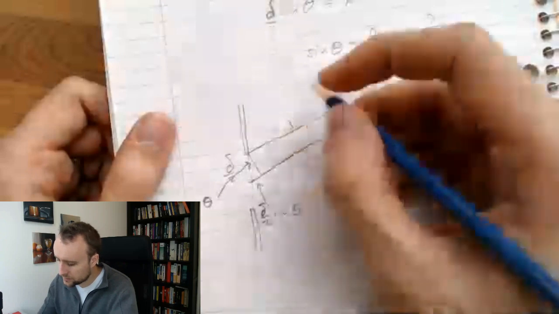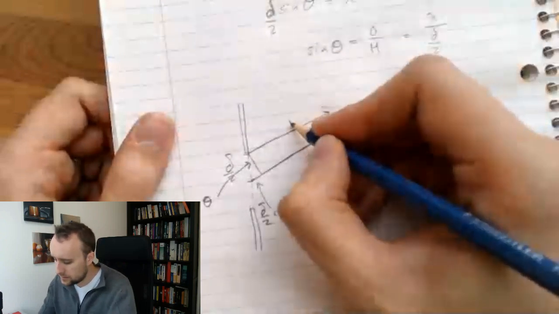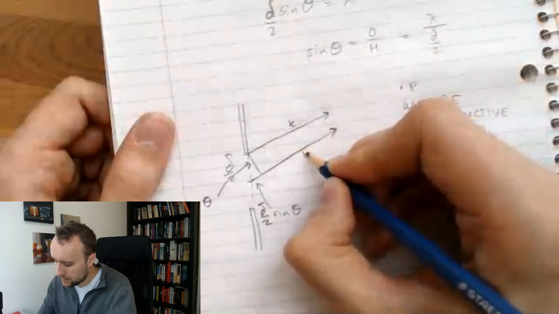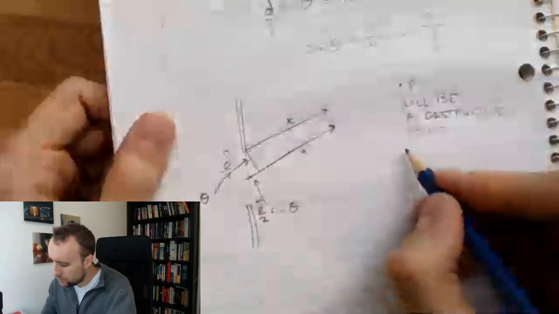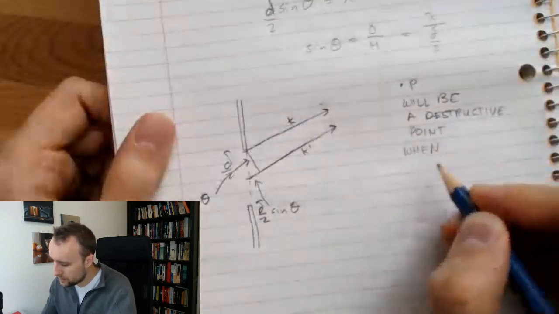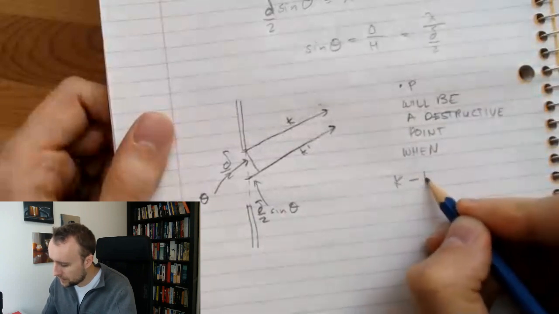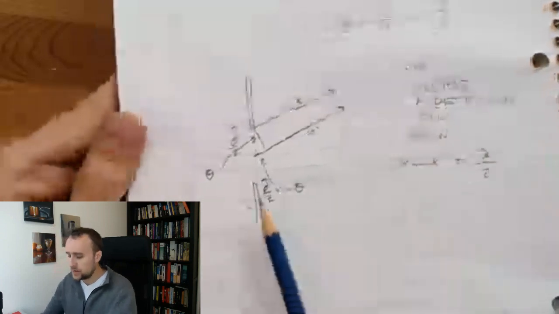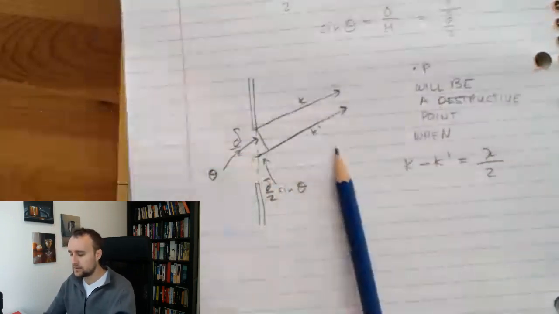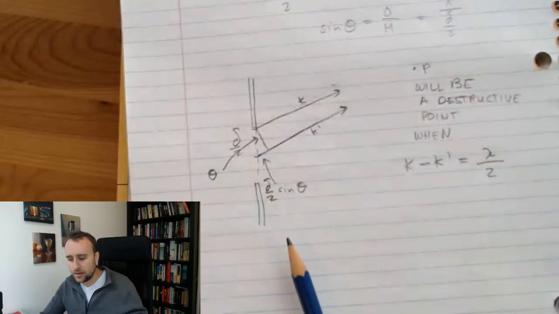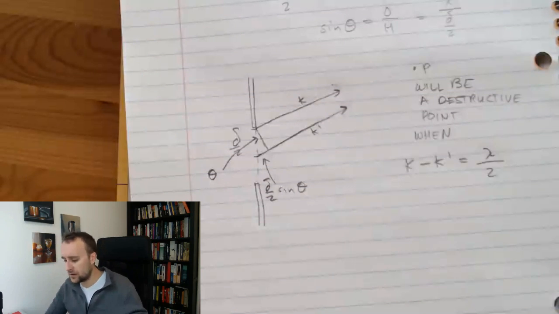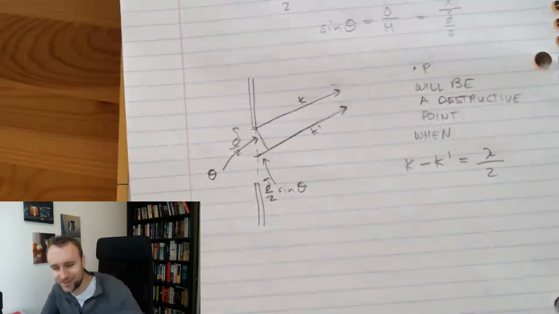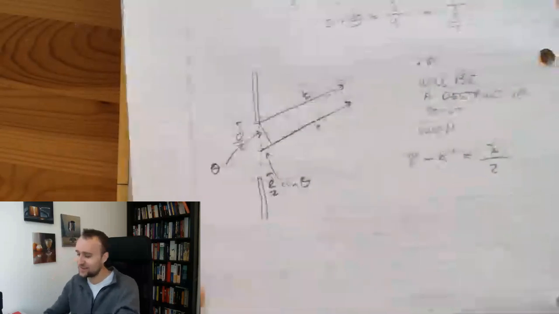I'm just going to call this line K. This is going to be K prime, when K minus K prime is equal to lambda divided by 2. So when this one is a half phase out of step, it's going to be destructive, and when they are in phase, it is going to be constructive.